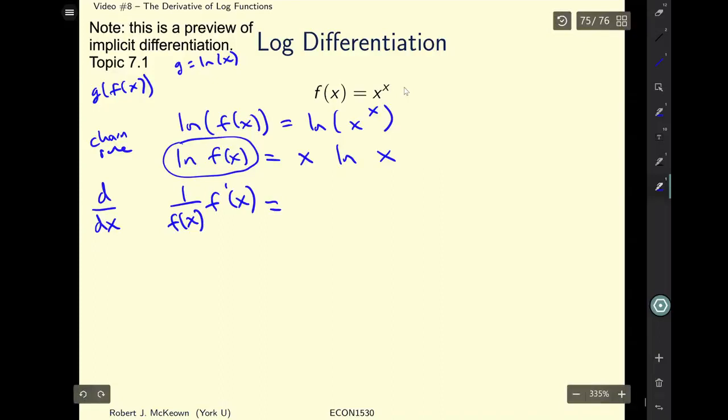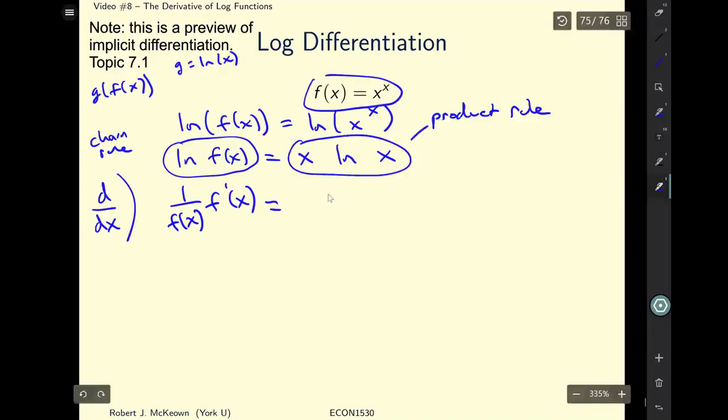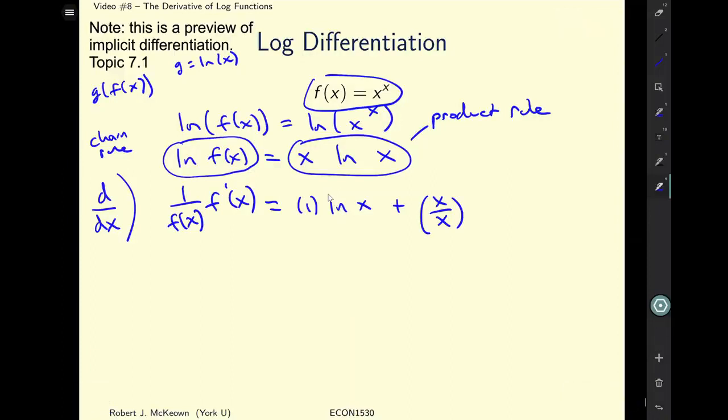Now we move to the right-hand side. I'll take the derivative of the right-hand side. So I'm going to get 1 times log x plus x over x. Now I'm going to clean up this right-hand side, but before I do that, let's take a look at the left-hand side.